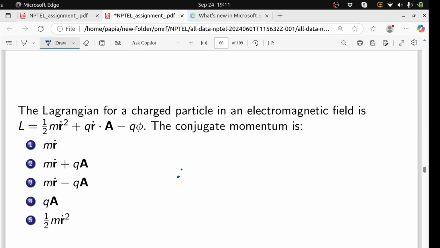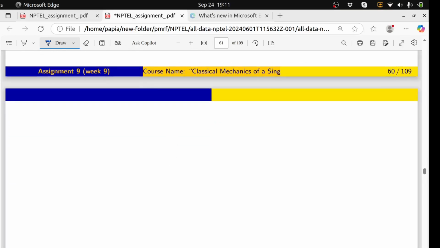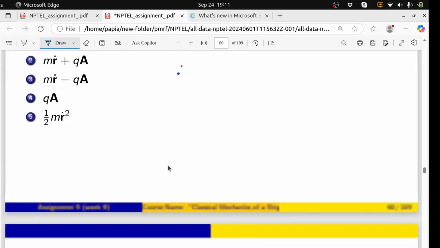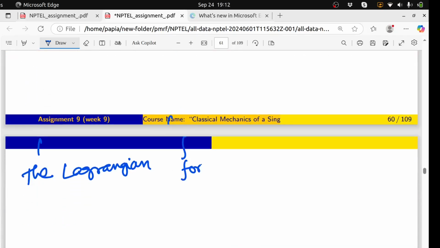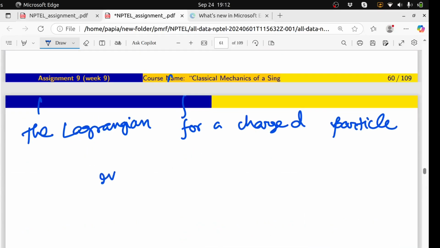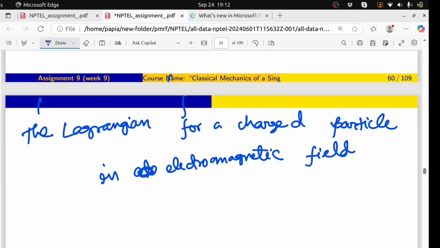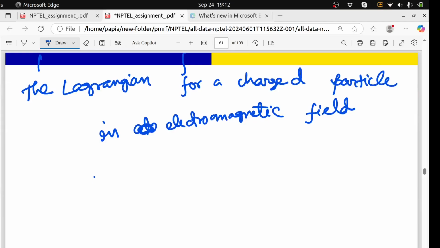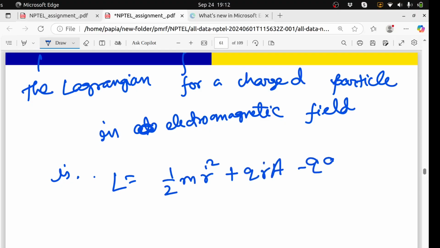The Lagrangian for a charged particle in an electromagnetic field is L equals half m r dot square plus q r dot dot A minus q phi.